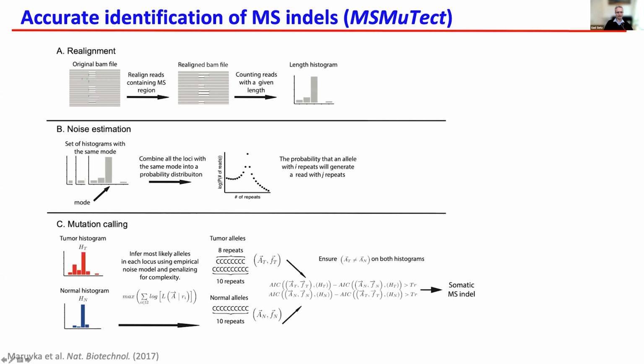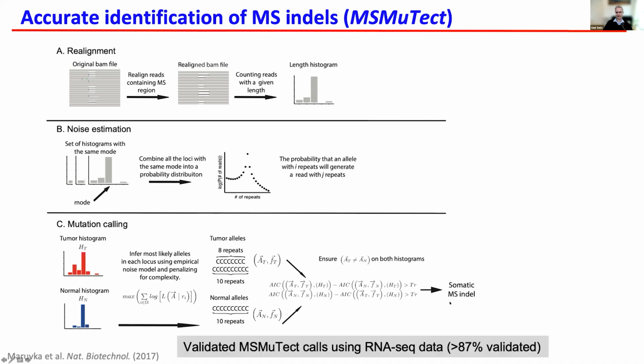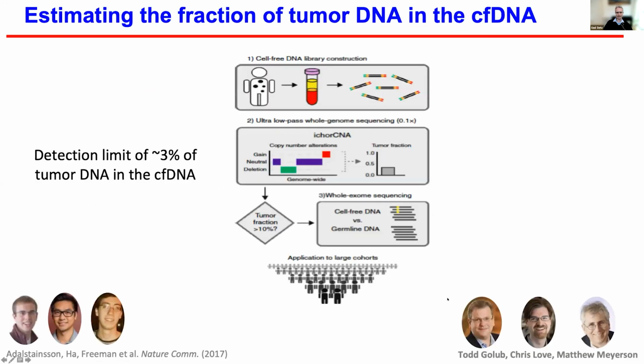And then using these noise distributions, we could calculate whether what we see in the tumor is just a noisy version of what we saw in the normal, or is it a true somatic mutation in the tumor? And we could call somatic indels in these deep sequenced microsatellites. And we validated using RNA sequencing data.